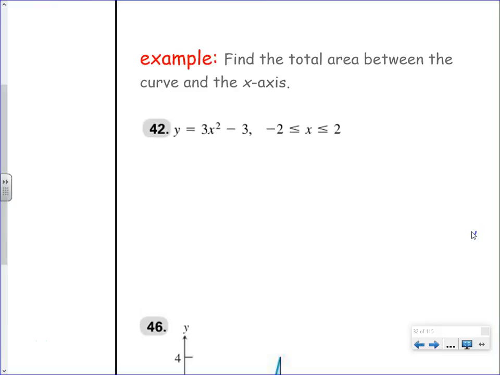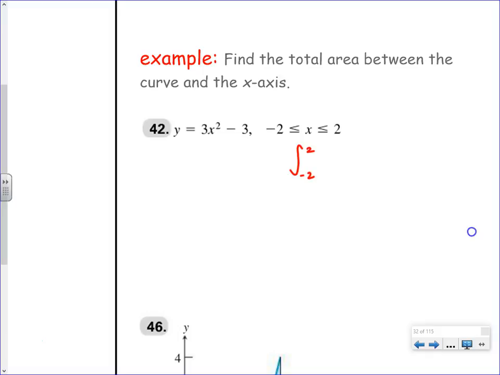How do we do with this one? Number 42. Find the total area. Okay, fine. It says total, but I like between. Good. Find the total area between the curve and the x-axis. No problem. Just integrate between -2 and 2, right? Okay.